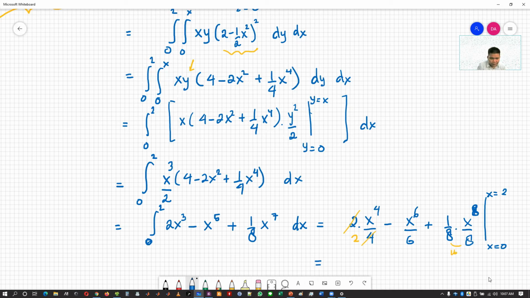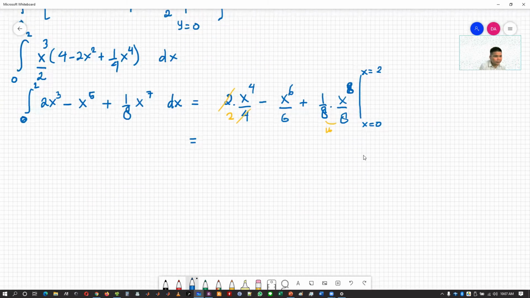Okay, what do we have? This is a half, 2 to the power of 4 divided by 4, minus 2 to the power of 6 divided by 6, plus 1 over 64. Sorry, this is 64.